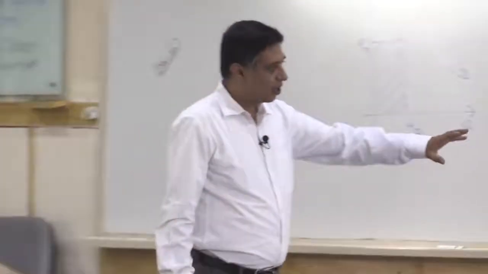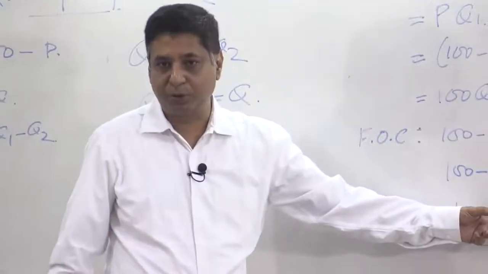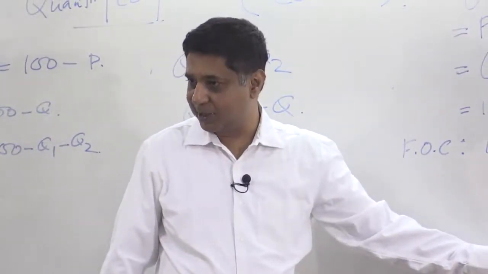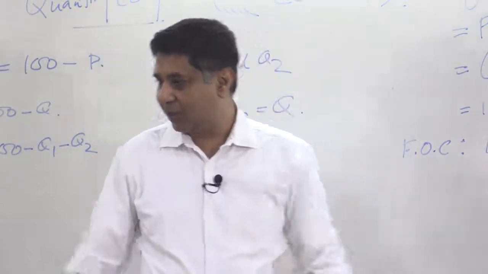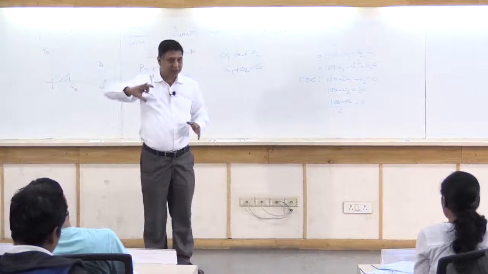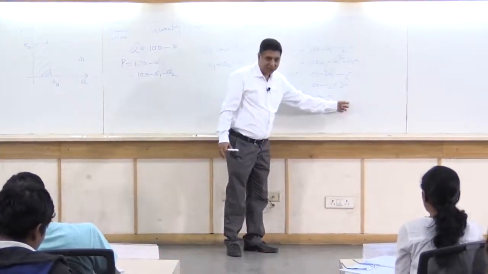You can figure out that for every level of Q2, what should be the profit maximizing level of Q1. If I knew how much that guy is bringing to the market, then I would bring this much.